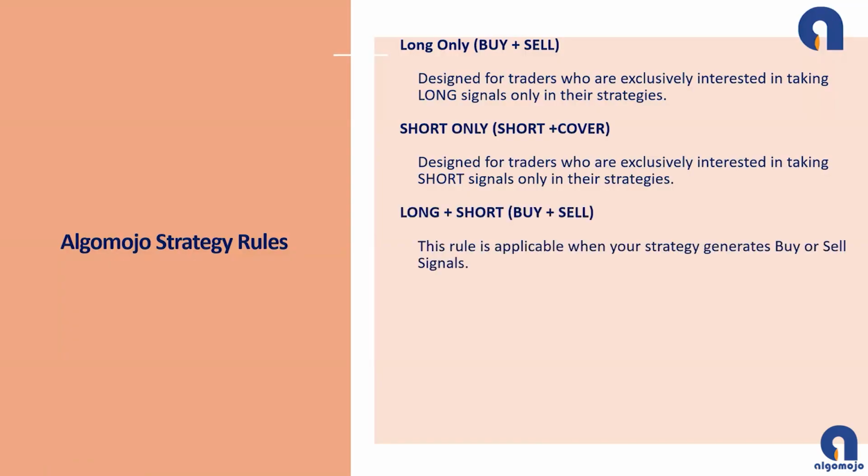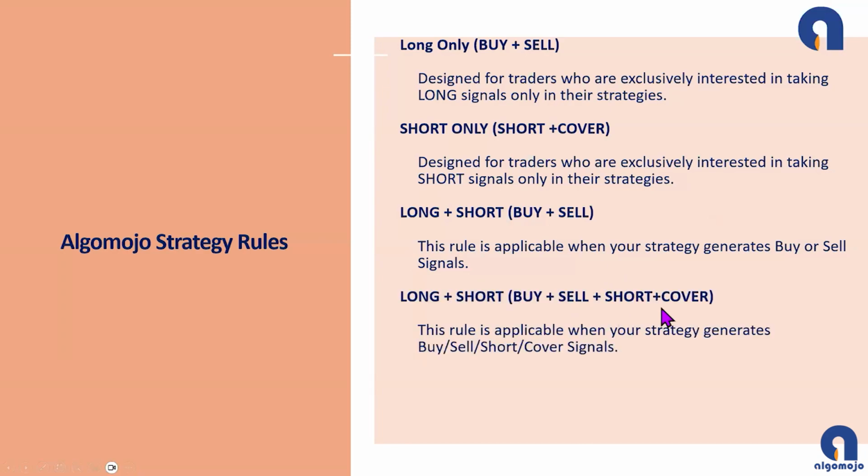We saw some examples of stop and reverse, and that is for strategies which are always in trade. If you only want to trade long, then use long only. Or if you want to trade only short trades, use short only. Or if your strategy is intermittently in trade, like it takes an entry, then exits and waits, there's no trade, then in such situations use buy and sell.